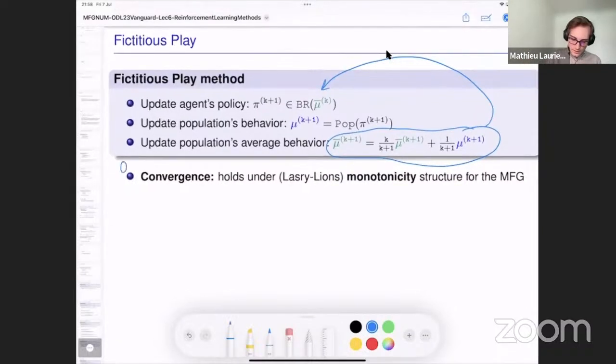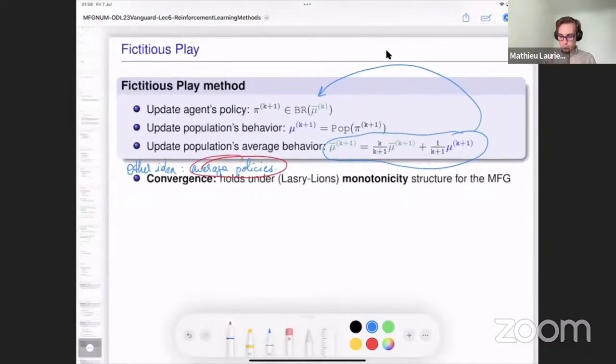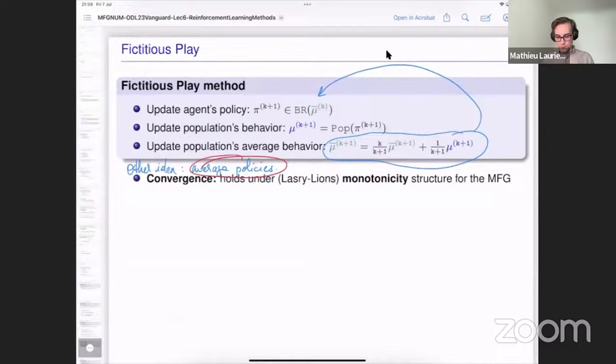So here, other idea, average policies. Because in fact, when you look at finite player games, very often what people do is average policies rather than the state distribution. So you average policies and then you deduce the state distribution that is induced by these average policies. So something to keep in mind, but in some cases it's equivalent.